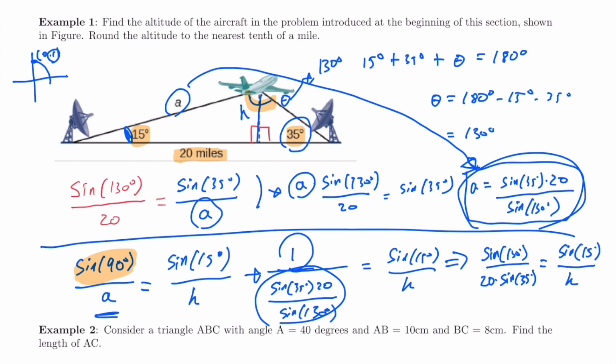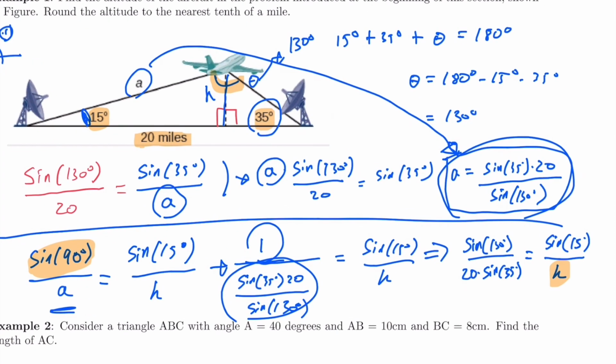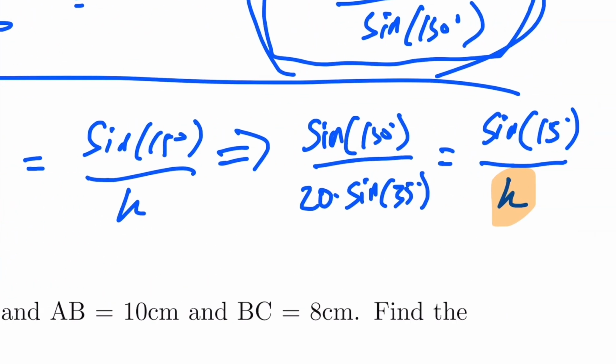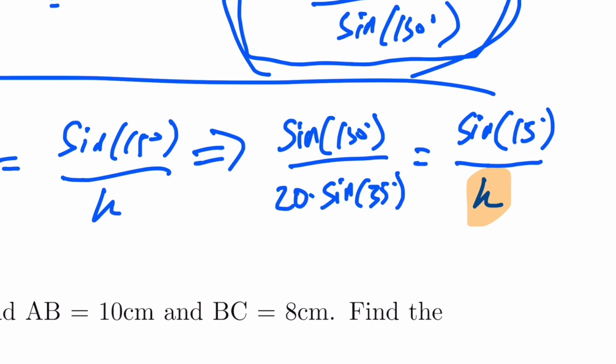Again, we're solving for h right here. So I can multiply h both sides. I'm running out of room, maybe zoom in. So to solve for h, if I multiply h here and h here, this cancels out, right? So then I have h times this thing equals sine 15.